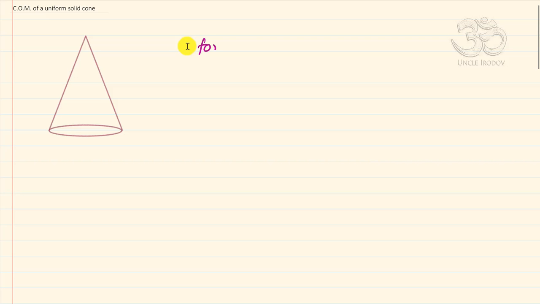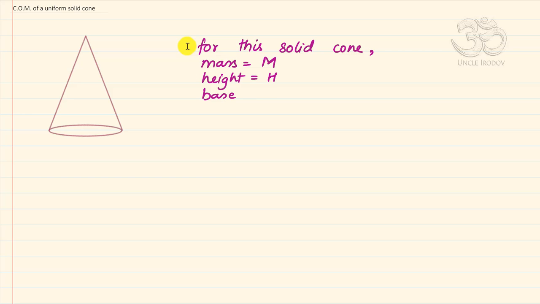So for this solid cone, let us say mass is m, the total height is capital H and the base radius is capital R. And we want to figure out the center of mass of this cone. So the center of mass is located at what location? That is what we are interested in.